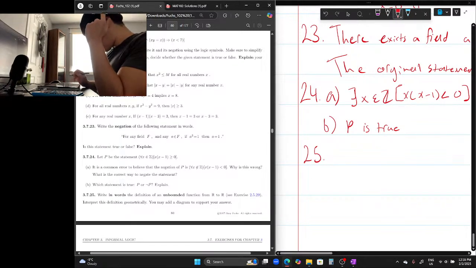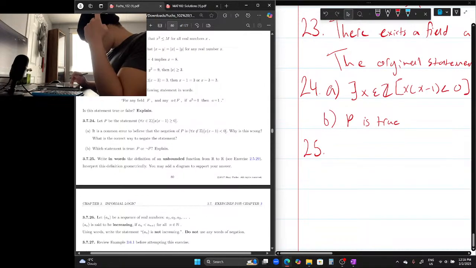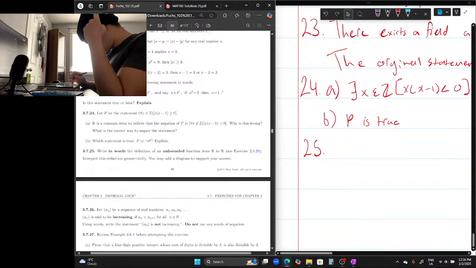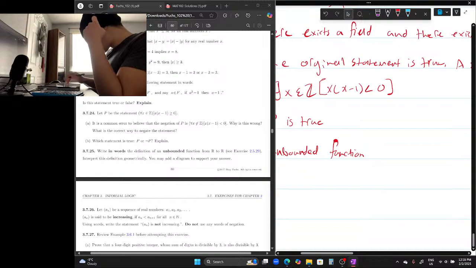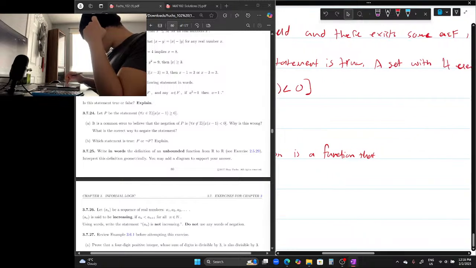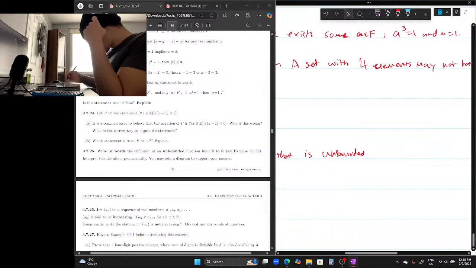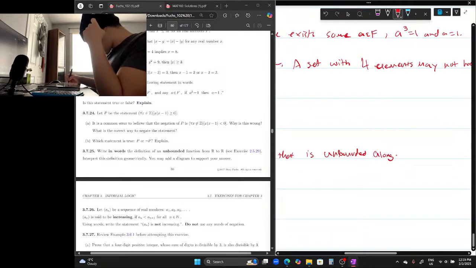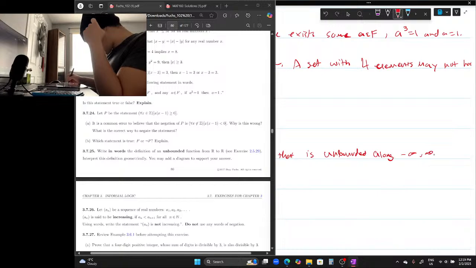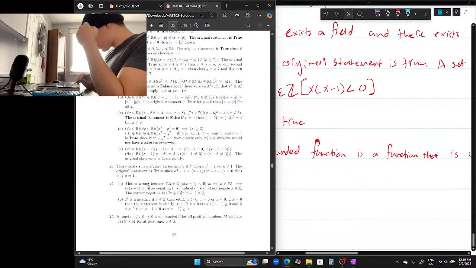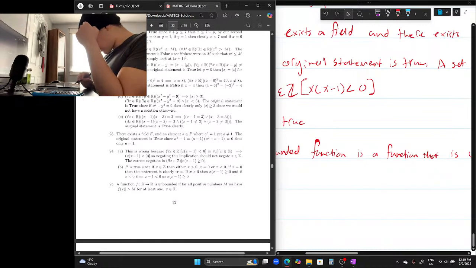Write in words the definition of an unbounded function from R to R. I don't even know what an unbounded function is. We have f of x is greater than m for this one.